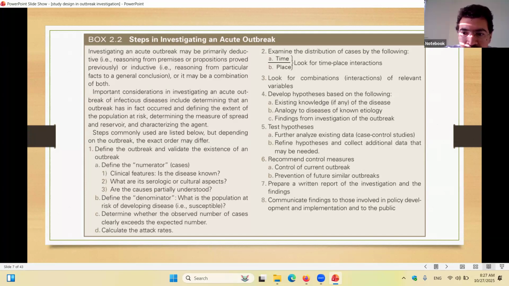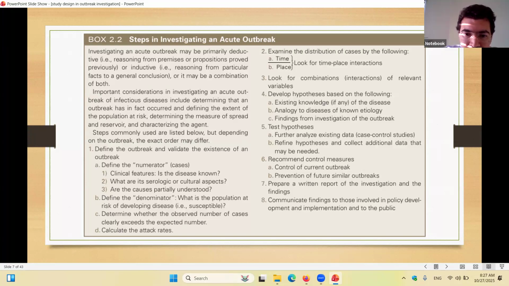The sixth step, recommended control measures, which in turn falls into two categories: A, control of current outbreak, and B, prevention of future similar outbreaks. I will tell you this point later.